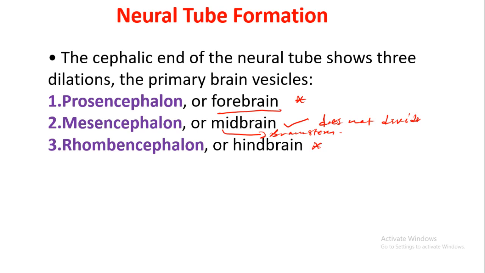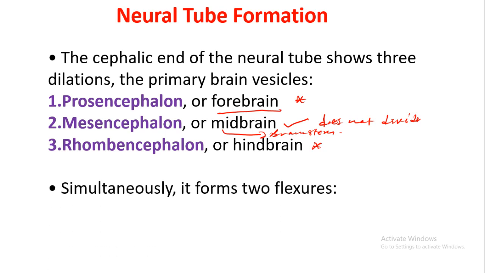The prosencephalon, when it divides, will lead to the formation of the telencephalon and the diencephalon. And then the rhombencephalon will lead to the formation of the metencephalon and also the myelencephalon. So let's quickly move on.